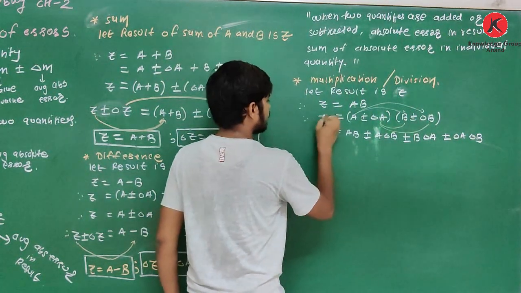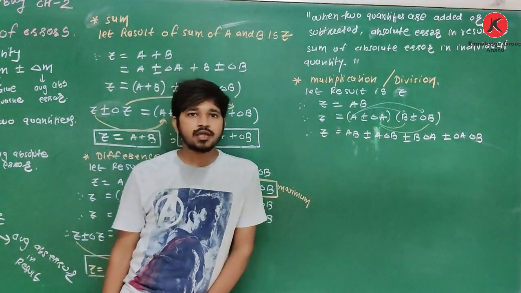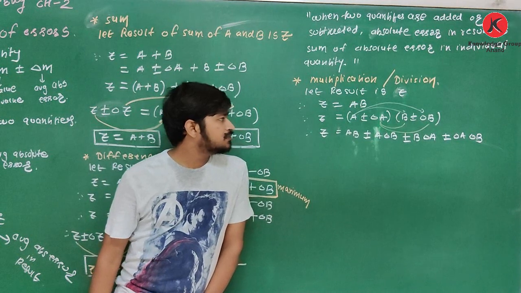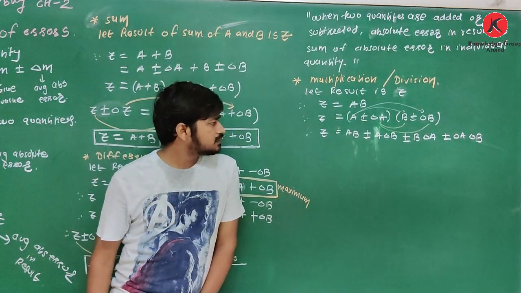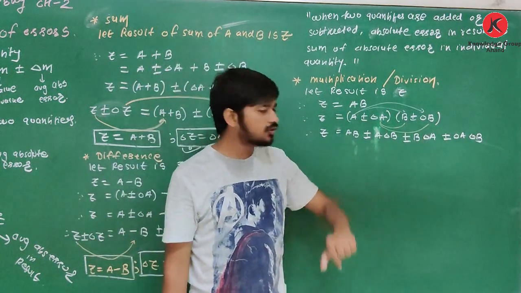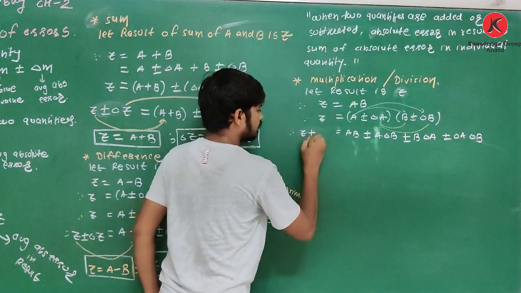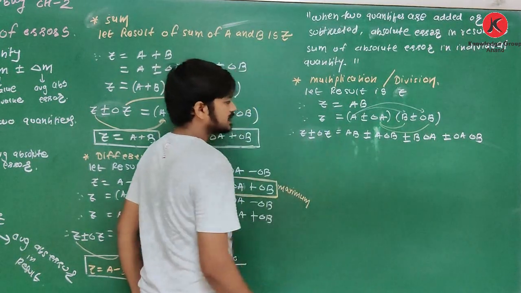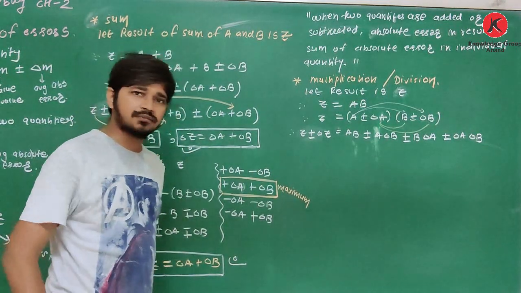and this side here it is z. Here I can write z is equal to z plus or minus delta z. Now divide this equation by z.